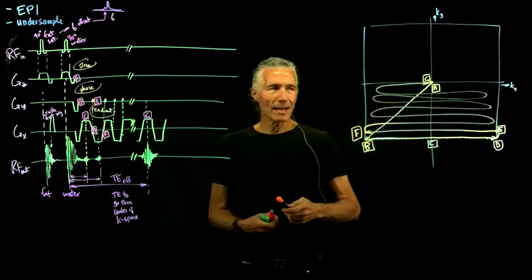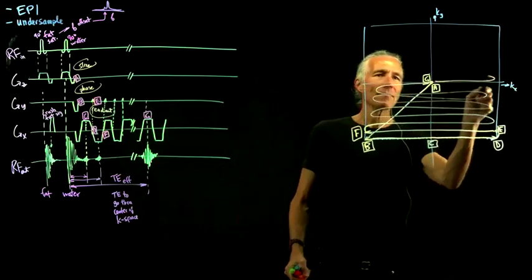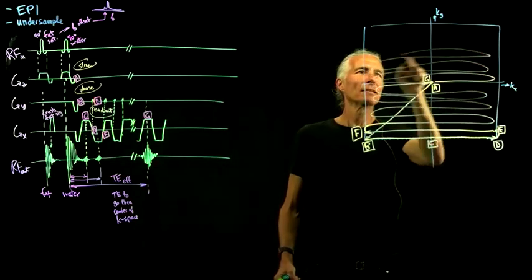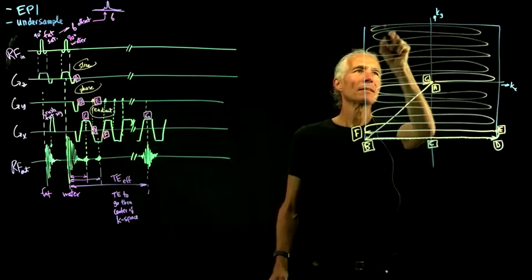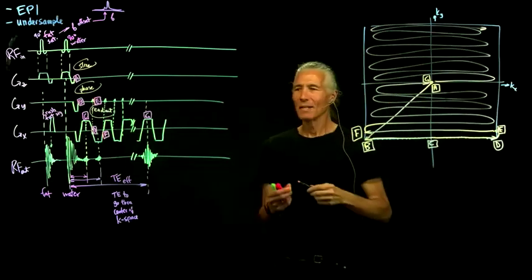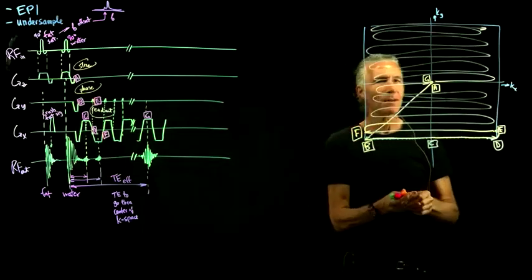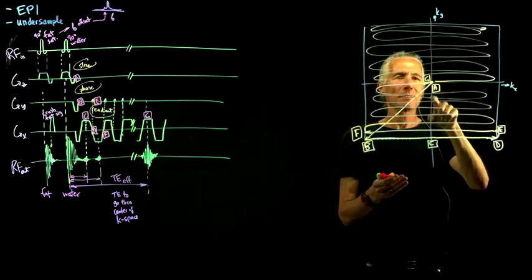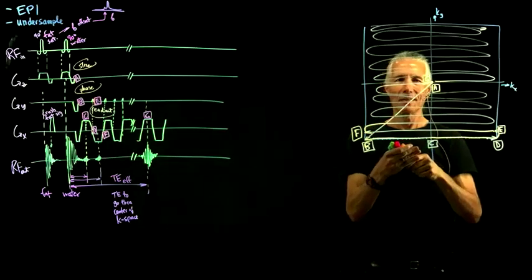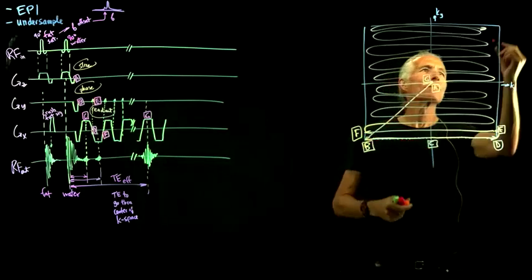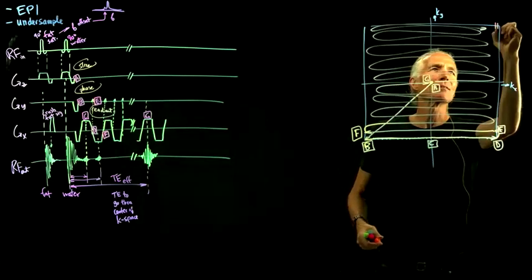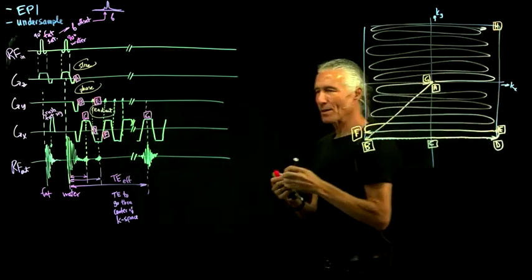But we're still not done yet, so now we have to collect the whole rest of k-space, sloppily like that, okay? By the time we eventually get to point H, we've finally recorded all that.